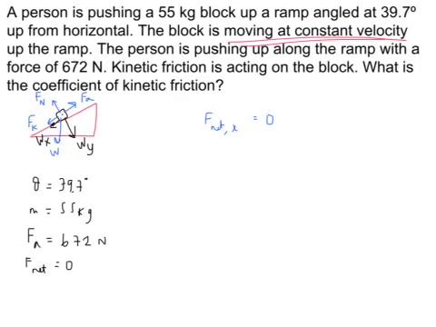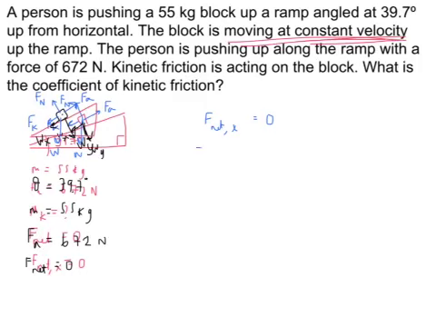So what's the net x force? It's Fa minus the leftward forces, so minus Fk minus Wx. So you write exactly that: applied force minus kinetic friction minus the weight down the ramp, or the tilted x component. When you add up all the x forces and subtract the negative ones, they make 0.